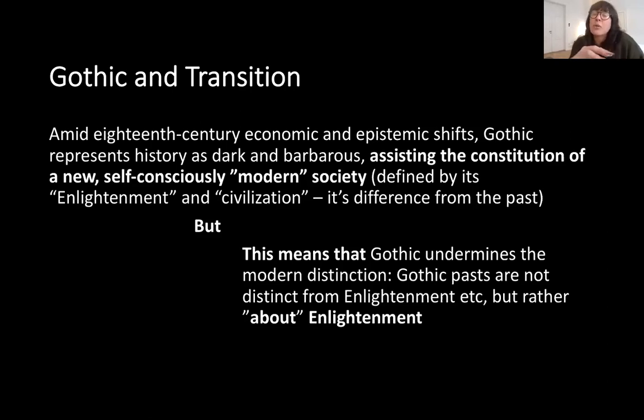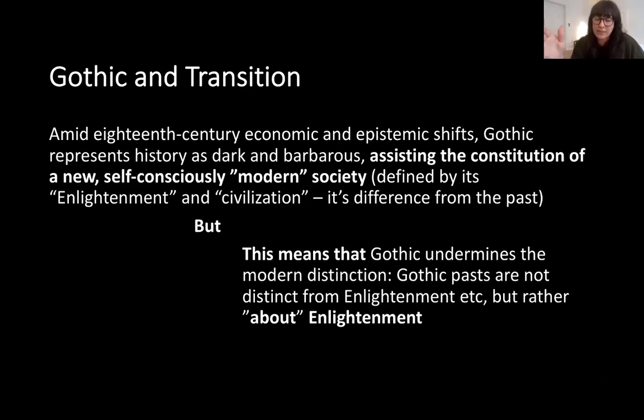It's a mode of something like crisis management, right? Shifts are happening, change is happening, and the Gothic crops up to give enlightened society a sense of its own coherence and identity, basically by providing it with a counterpoint, right? So Gothic assists in shoring up or stabilizing society during a moment of change.